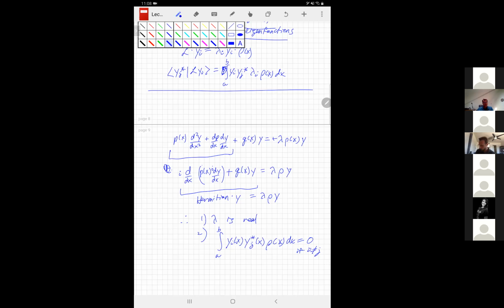Selecting particular forms, we take a certain differential equation and do some manipulations, say, hey, I could write it this way.